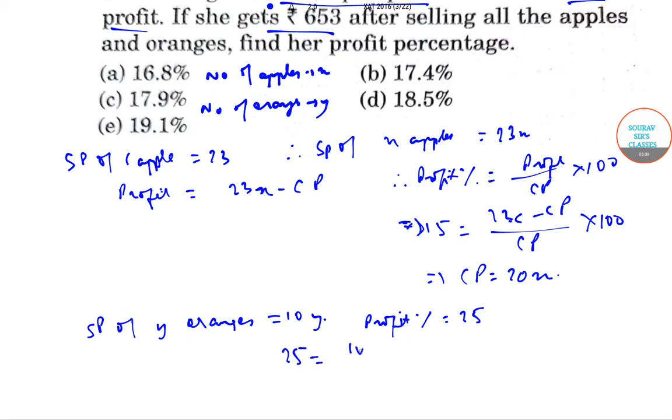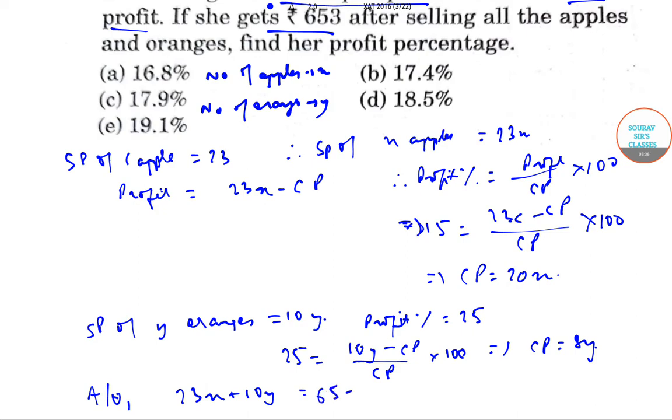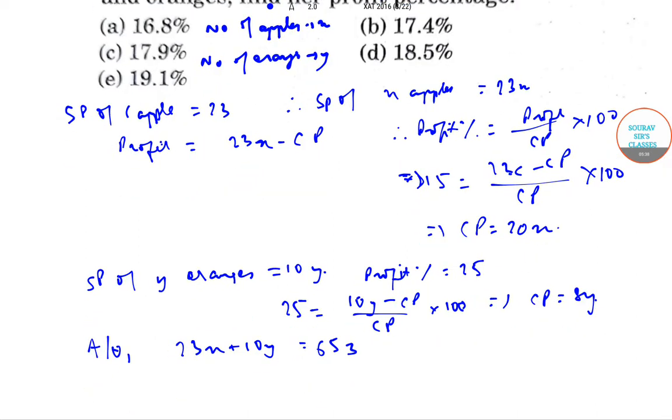So 25 is equal to profit, that is 10y minus CP by CP into 100, and on solving this we get CP is equal to 8y. Now according to the question, 23x plus 10y is equal to 653. By hit and trial, we get x to be equal to 21 and y to be equal to 17.